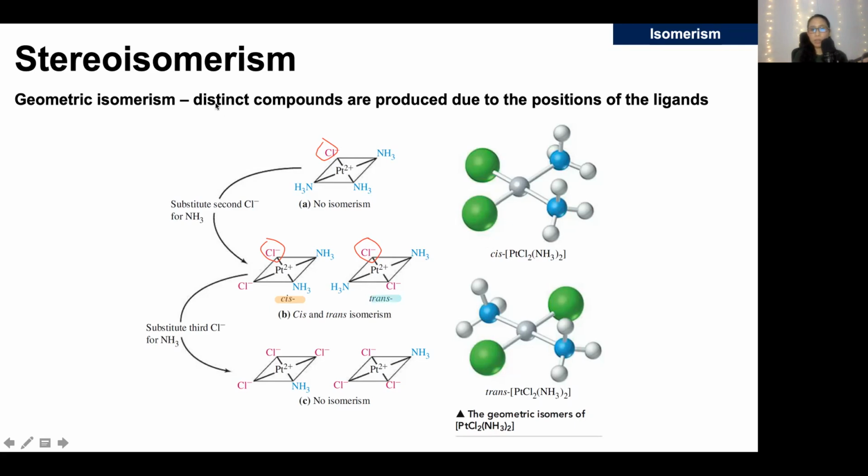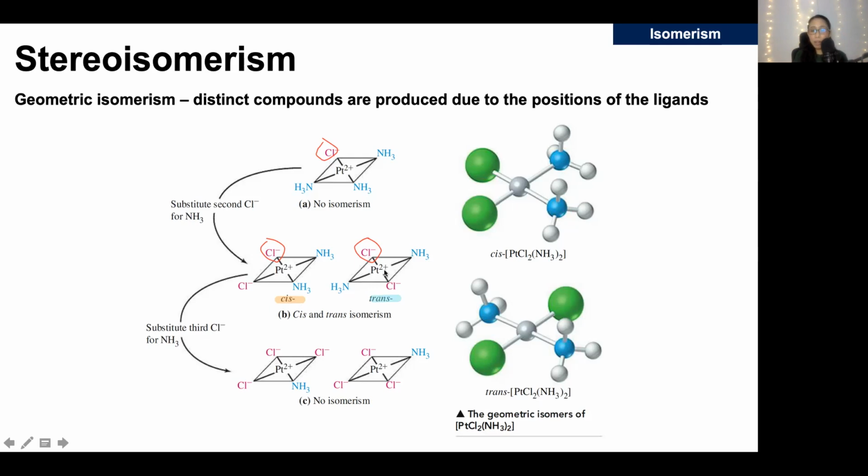Okay, so here we see a three-dimensional rendition of the structure of this molecule. So you see here the two chlorine ligands and the two ammonia ligands that are on the same sides. So that is your cis isomer. And here you see your chloride ligands and your ammonia ligands opposite each other. So that's your trans isomer.